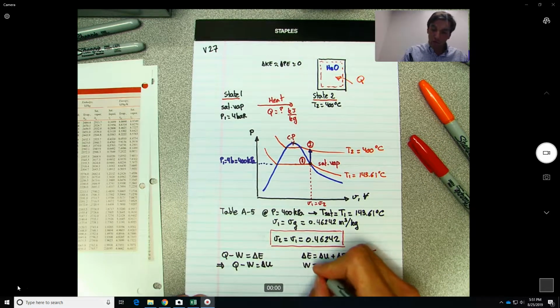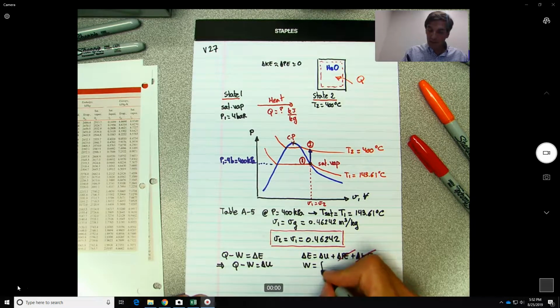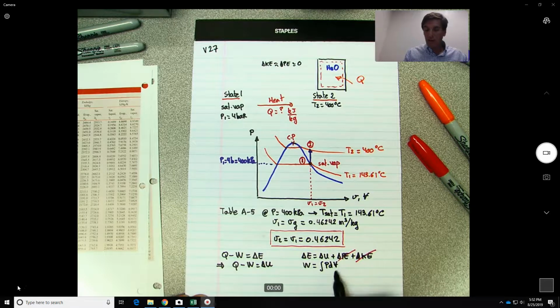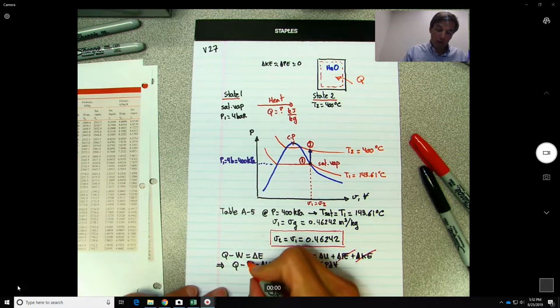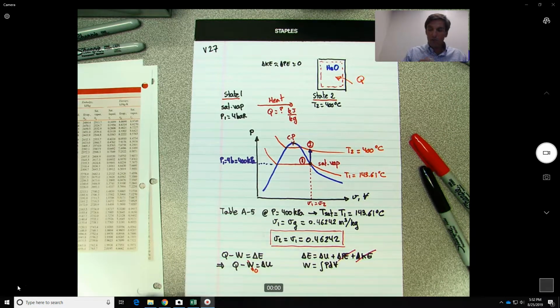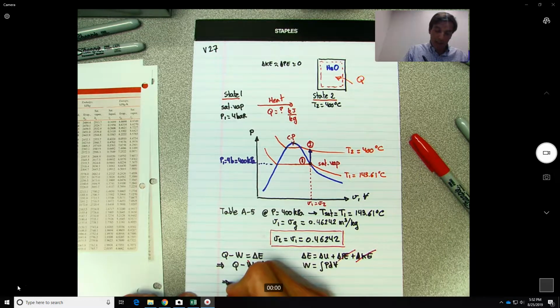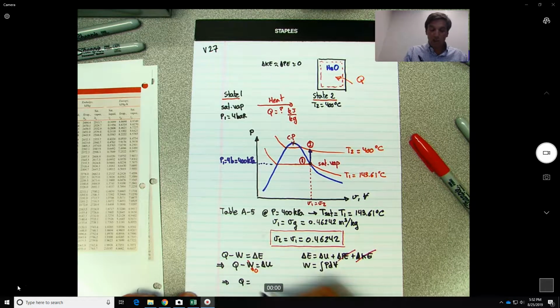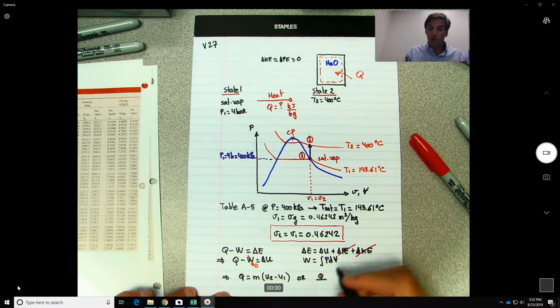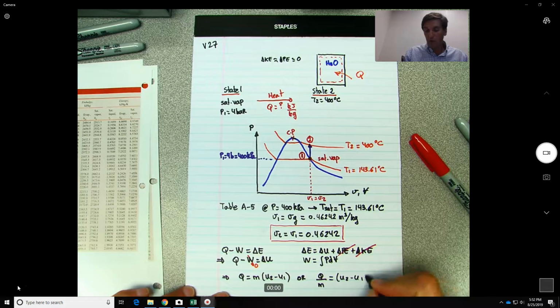By definition, the work done by pressure is P dV, and since the volume is constant, dV will be 0, so that means that the work over here will be 0, so that at the end we have that the heat will be equal to M times U2 minus U1, or since they ask us to find this in kilojoules per kilogram, Q over M equals U2 minus U1.